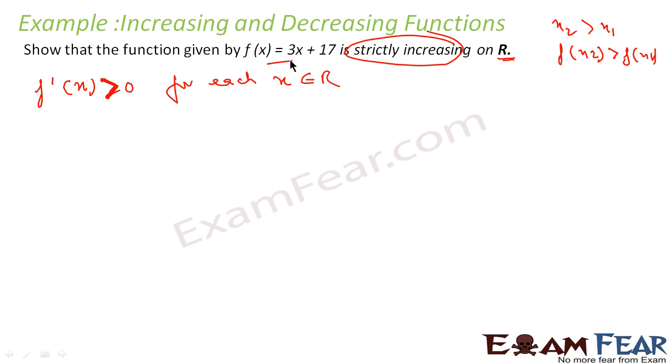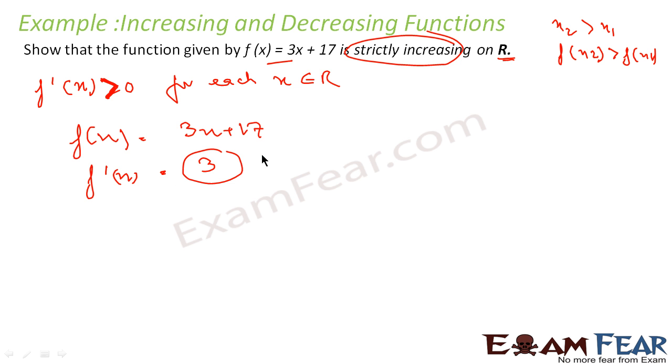So let's find f dash x. If my f of x is 3x plus 17, my f dash x will be nothing but 3. And this is always greater than 0. You take any value of x, it is greater than 0. Why? It is independent of x. So this is greater than 0 for any real number x.